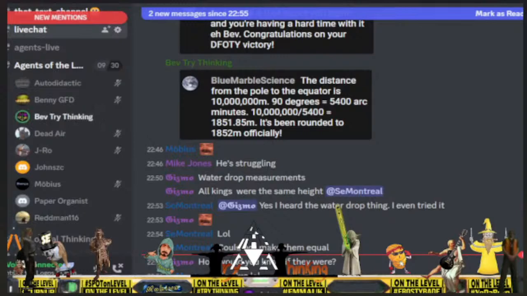Imagine 90 lines of latitude with a distance between them. What? Should they be on top of each other? And that distance being, there's 90, 1,852 meters, a distance between lines.